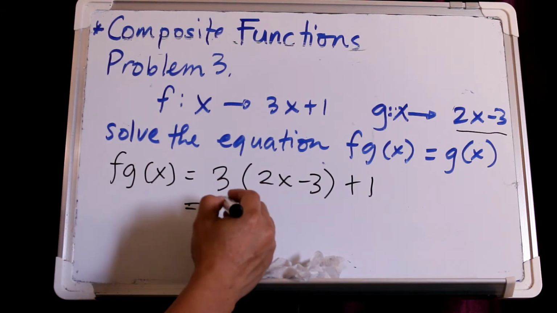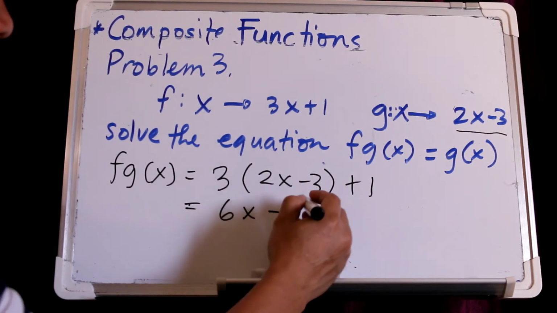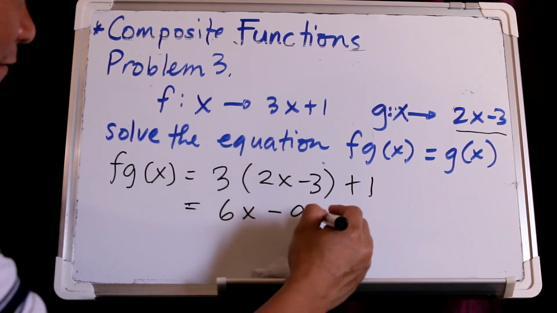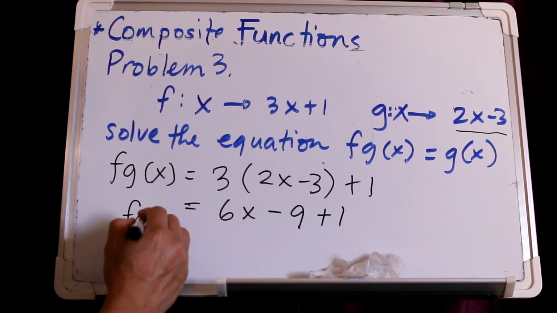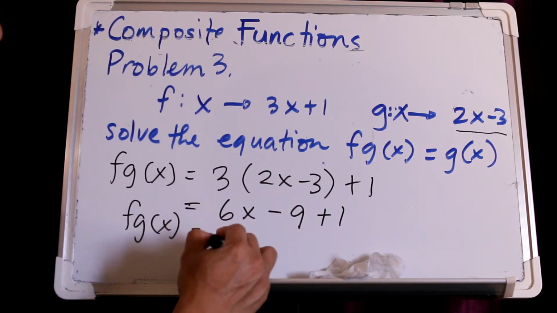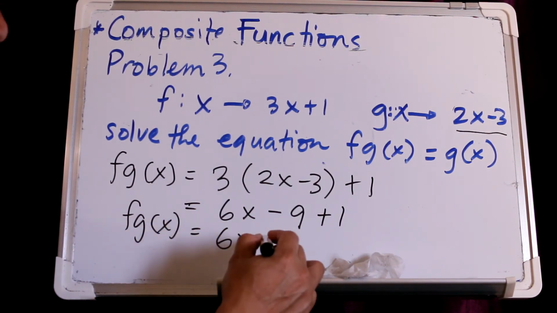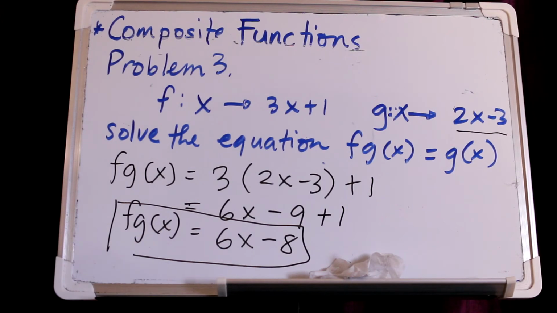Alright, so then you are going to have 6x minus 9 plus 1. So then fg(x) equals 6x minus 8. Alright, so this is our fg(x).